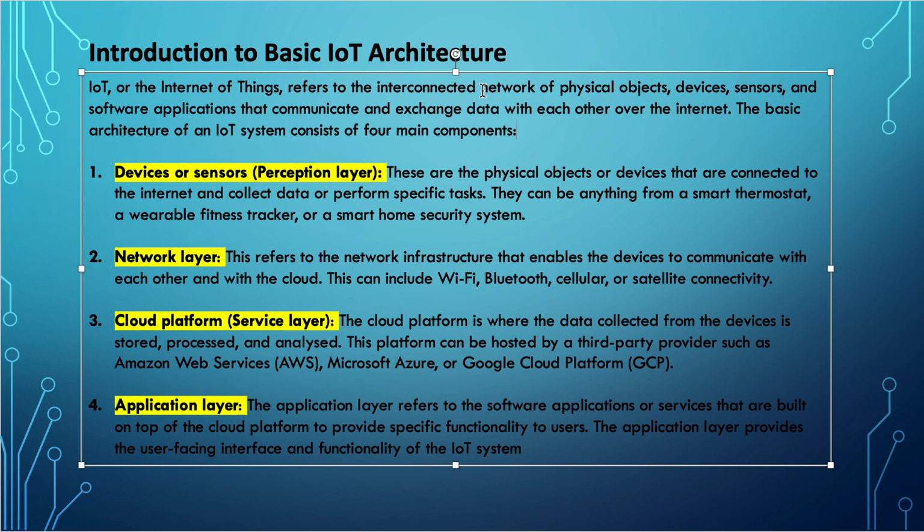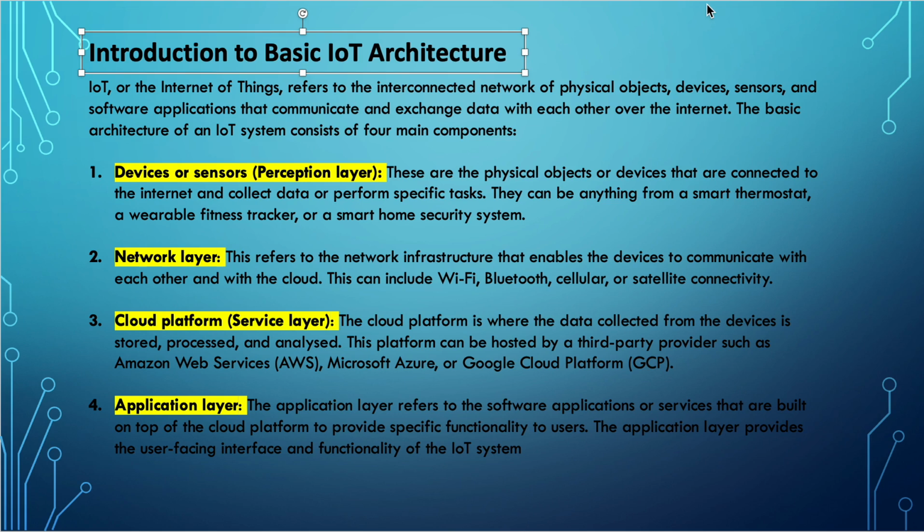There's a physical component, that means the hardware component, and the networking of that hardware component is Internet of Things. So let's look at what the main components are which make IoT, or in an IoT architecture, what will be there, or what is needed to create an IoT system. So this is what we are going to look at.